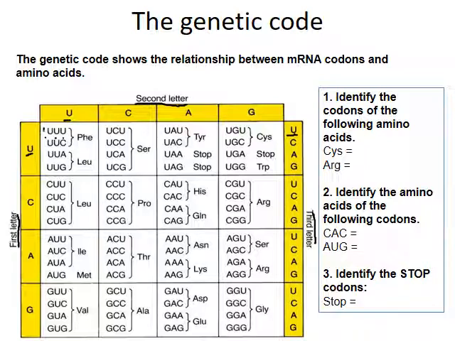So if it's reading the codon U, U, U, then we know it is going to attach this particular amino acid here, which is PHE, which is phenylalanine.